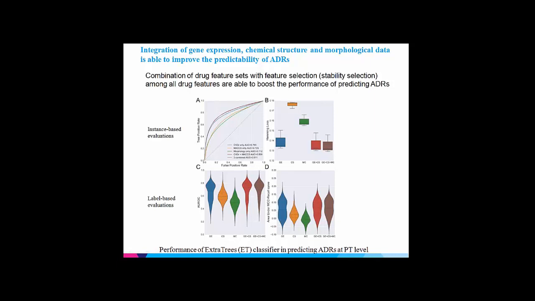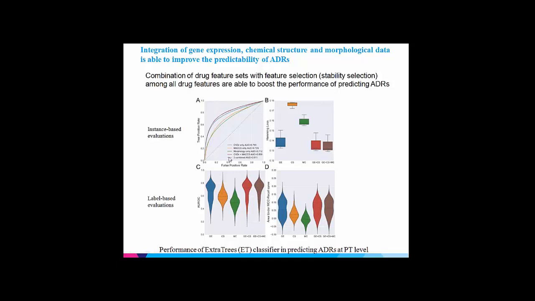the preferred terms level. So you can see for the instance-based variations, gene expression is the most predictive among the three single matrices, followed by chemical structure, and then morphological features are not very predictive.